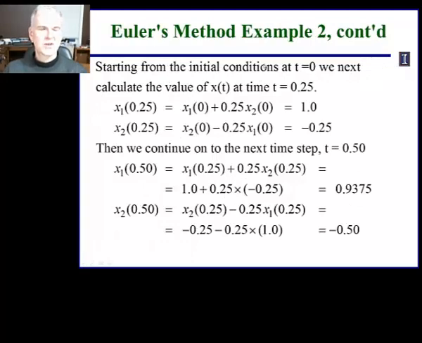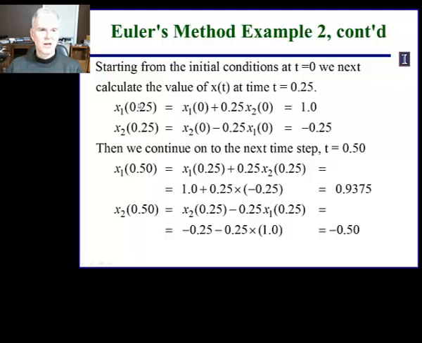Okay, the way we solve it is let's pick a time step. In this case, I picked a rather large time step of delta t equal to 0.25. Then at each time step we're now solving two equations. x1 at the new value of t, 0.25, is equal to its initial value plus delta t times, in this case, f1 of x evaluated at time t equals 0.